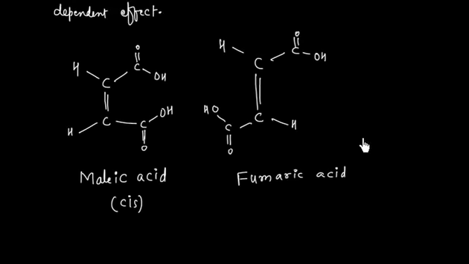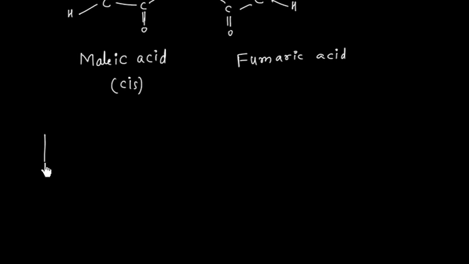So we have to compare the acidity constant for these two acids. So let us first write for maleic acid. If I have maleic acid, in the first step, let us call this Ka1.